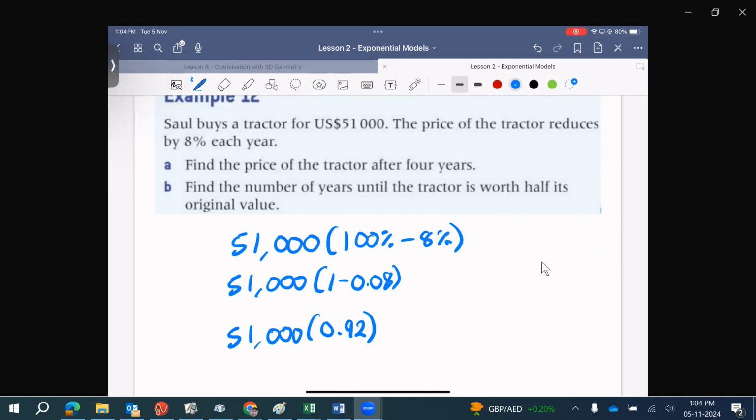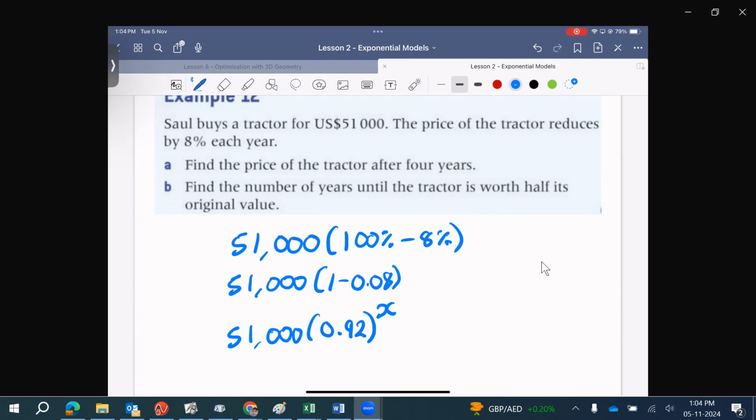How do I make it reduce more than 1 time by 8%? You make the exponent 4. Exactly. So I'm going to start off by making it x, just to make a general model.